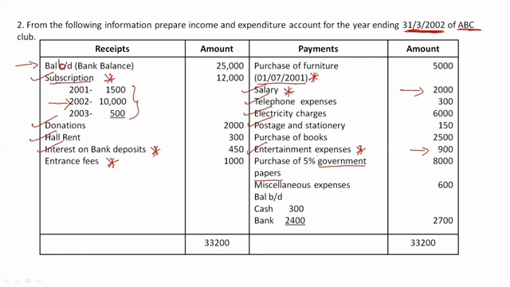But 5% is given here, right? As I told you, there is a purpose for everything here. There's a date given, there's a percentage given, for everything there is a purpose. Now it means that when I'm investing in government papers, I'm receiving 5% as interest.